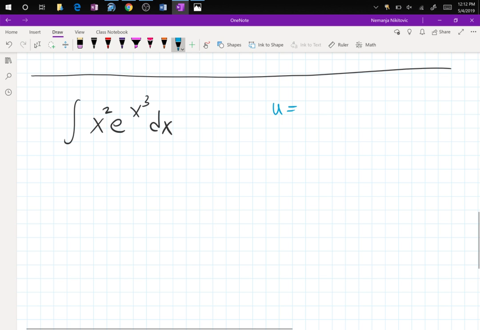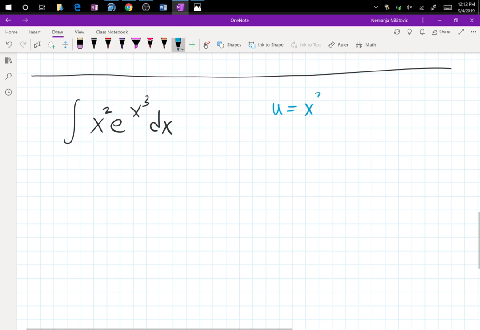X squared, the derivative is 2x. Do you see x anywhere? No. So x squared is not. How about e to the x? Well, e to the x has itself as a derivative. I only have 1 e to the x. So no. What's the derivative of x cubed? 3x squared. There's x squared. Yes, so that's the one.